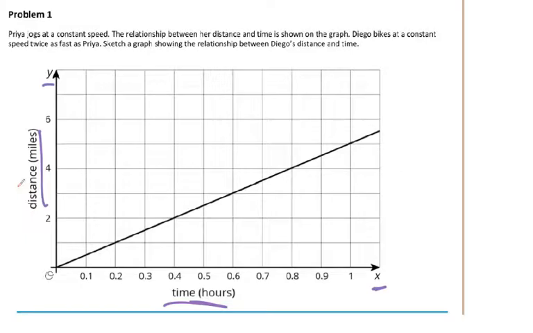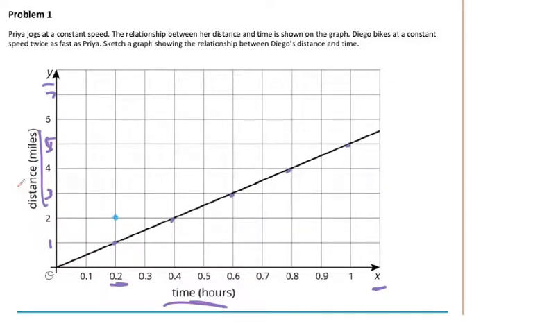I'm going to go put some lines on. Okay, so I'm looking for pretty points. Here's a pretty point. Here's a pretty point. Pretty point. So if at 0.2 hours, this is Priya, remember, Priya is the original line, went 1, that means that our friend Diego at the same time had to go 2.